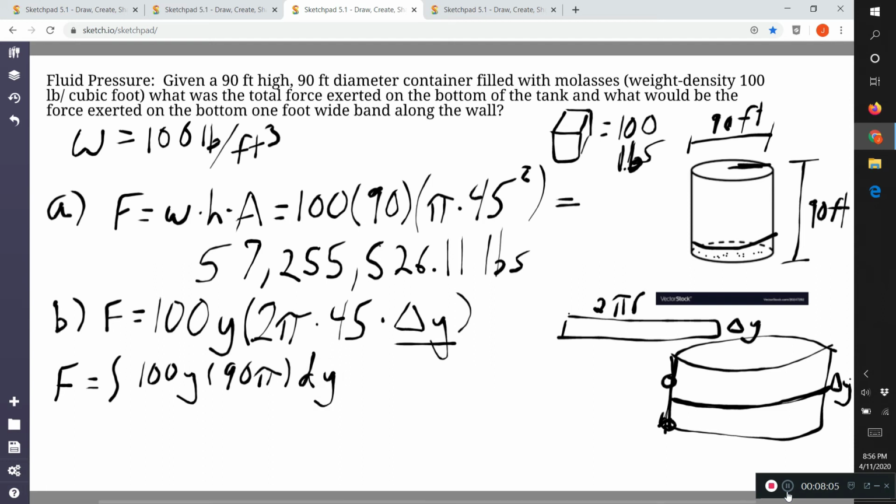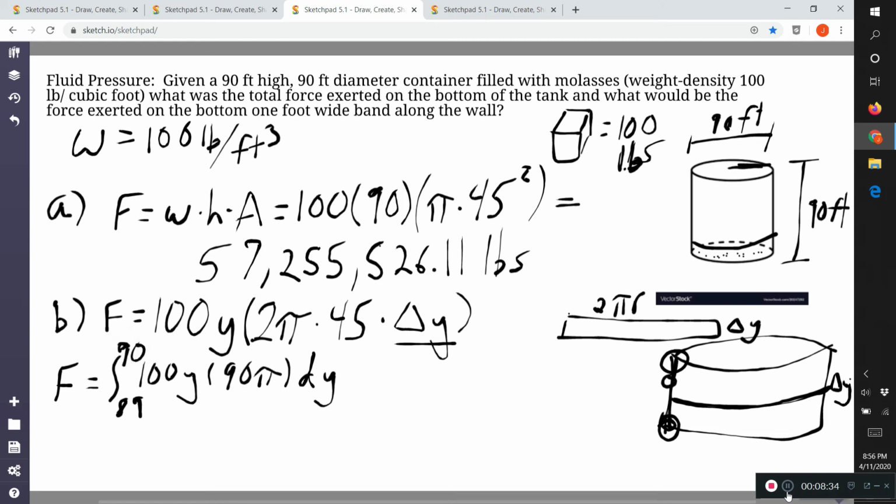Now let's talk bounds. If y represents the distance from the bottom, then what's the height at any given point? The height here would be 90 and the height here would be 89 because this is a 1 foot band total. So that means the lowest the height could ever be is 89 and the highest it could ever be is 90.